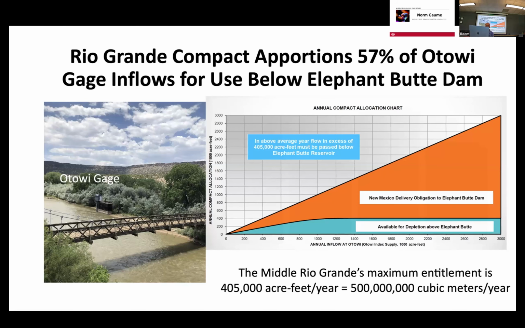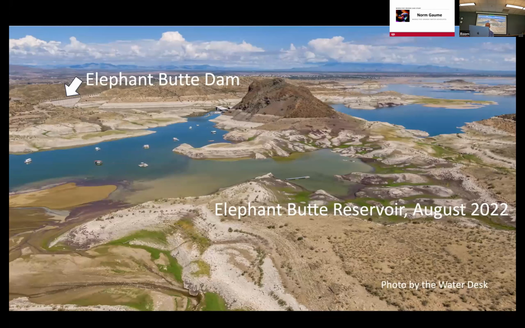The Otowi Gauge is here on the left. It's just a picture of a river. You've heard about Los Alamos. This gauge is on the bridge or right below the bridge on the road up to Los Alamos, the bridge that crosses the Rio Grande. This is Elephant Butte Dam. The picture was taken a couple of years ago.